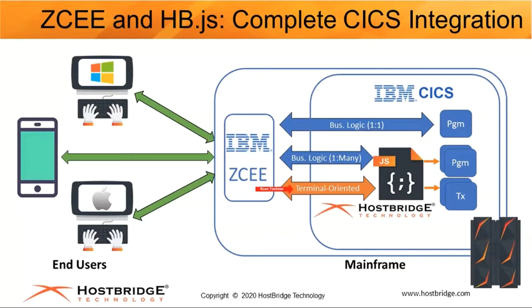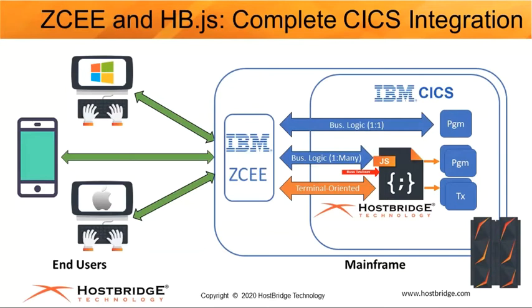Or maybe you even want to build an API that requires you to run both a business logic program, a few COMMAREA or a few terminal-oriented transactions, and then maybe go directly access some DB2 data. And then you can return the response to the API request. That sort of design pattern requires something running on the platform to be able to do that bit of orchestration, do that bit of automation on your behalf.